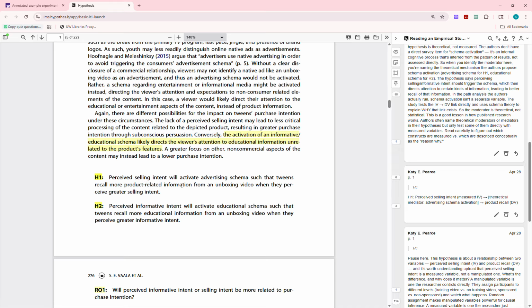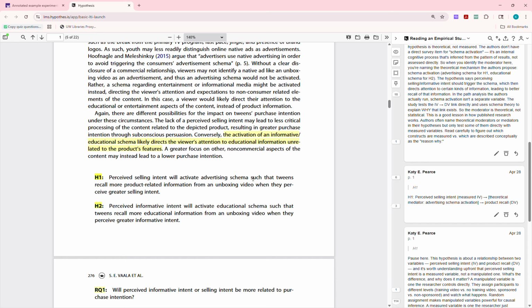Now, importantly, this "will activate advertising schema" is like an abstract mediating variable. It's not something that the authors are actually measuring here. They can't get inside kids' brains to understand exactly how they're reacting.